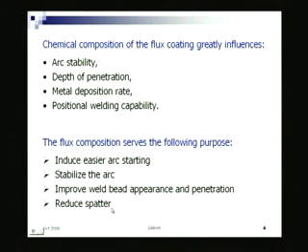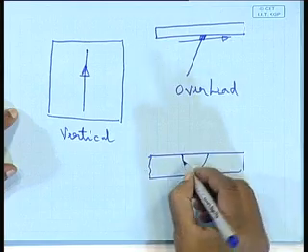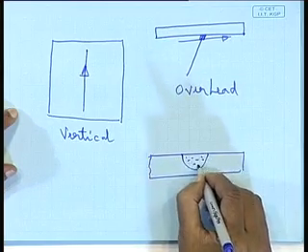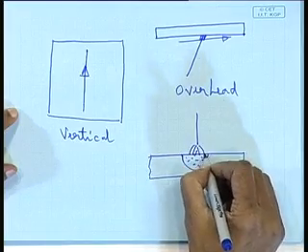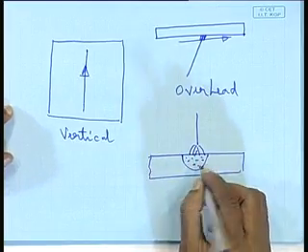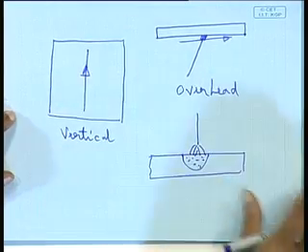Reduce spatter. What is spatter? Spatter is essentially, when you are doing welding, a molten pool has formed, isn't it? Under the action of the arc, a molten metal pool has formed, and the metal is getting transferred.